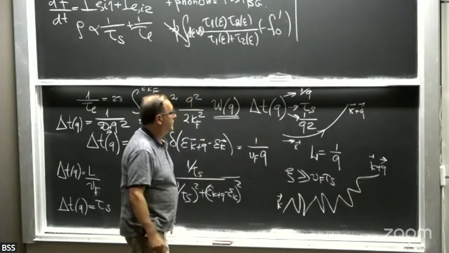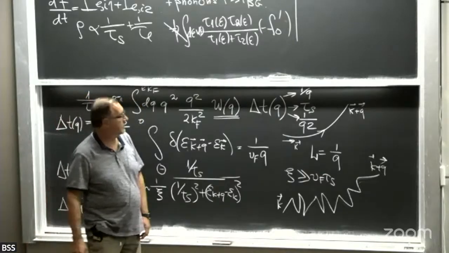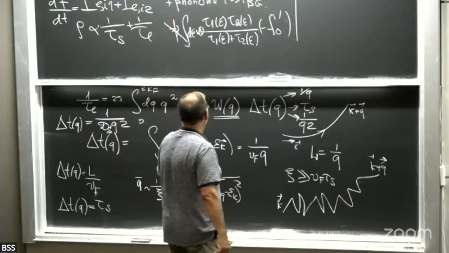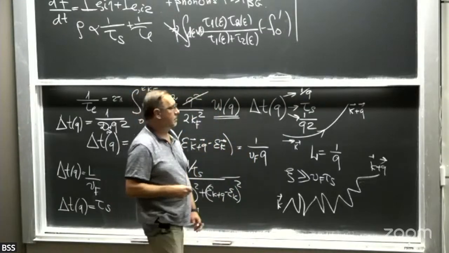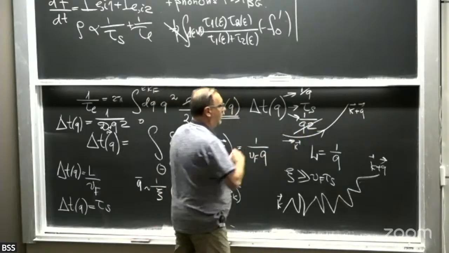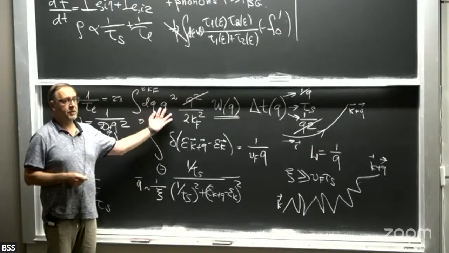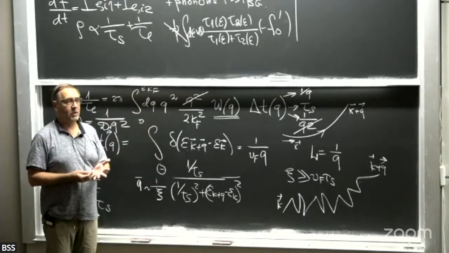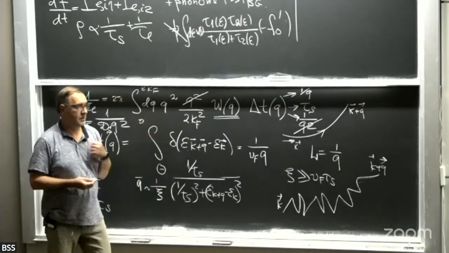It's also fairly easy to understand which of the critical indices will enter, because now if I do my power counting, I have a q squared from the transport factor, but the diffusive factor cancels it out. And I simply have d^3q, which is the integral over three-dimensional momentum space of the correlation function, right?